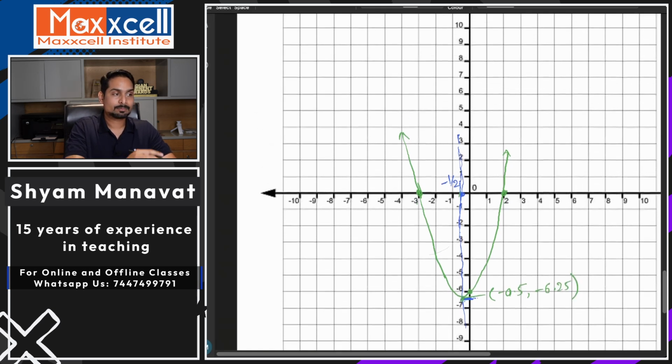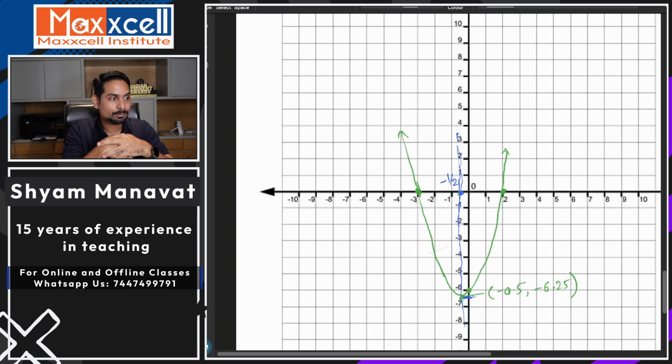So what are the important points to understand when you plot the graph of a quadratic function? One, substitute y equal to 0, so you get a quadratic equation where the other side is equal to 0, so you can solve it and get two roots. Once you have the roots, you can mark the points. Next, when you put x equal to 0, you get a point on the y-axis.